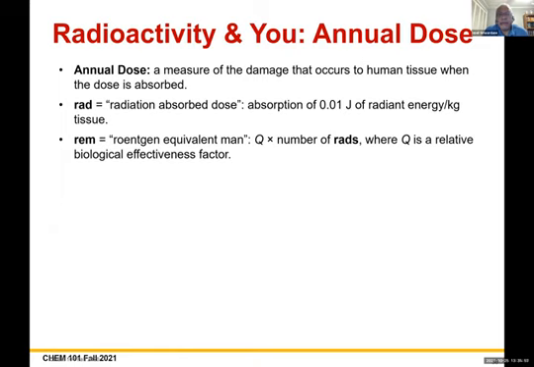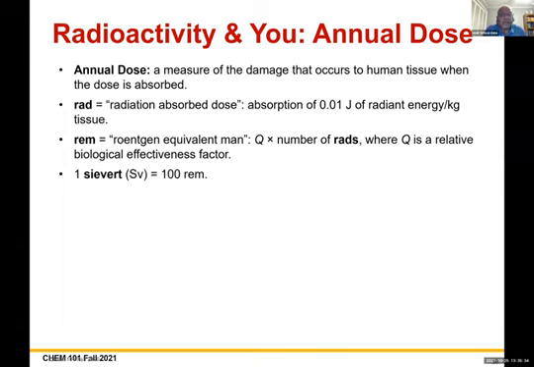REM is equal to a Q, which is a factor, times the RADs as defined previously. So Q is a relative factor depending on the tissue types. That can vary. Some tissues are vulnerable to radiation damage, they have higher Q. So for different tissues and animals, we have a Q factor.